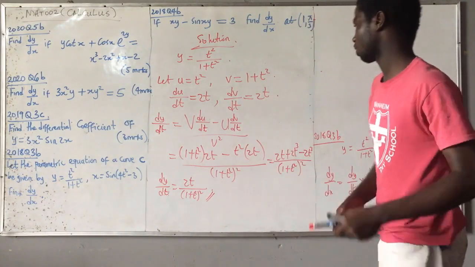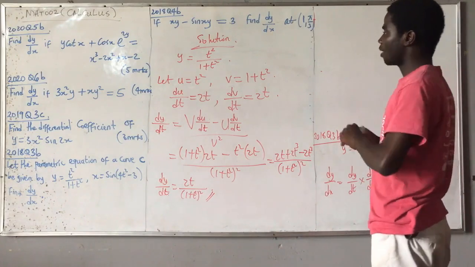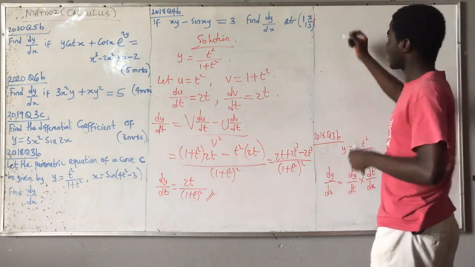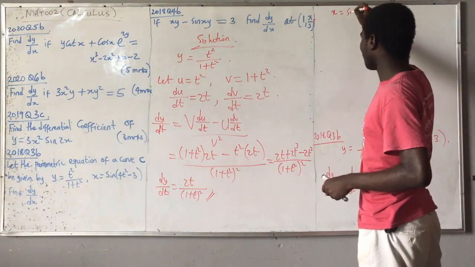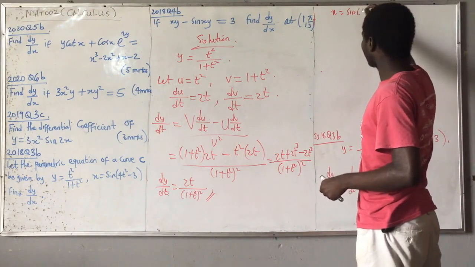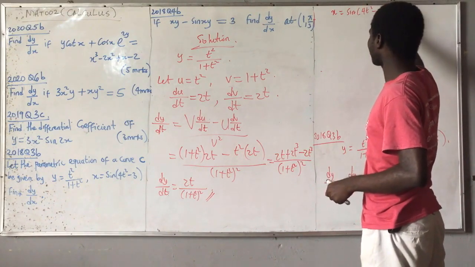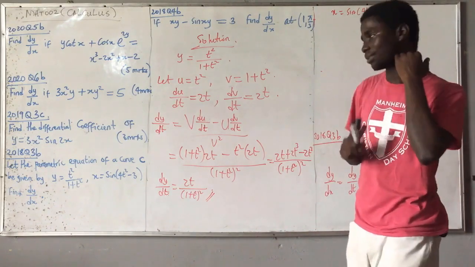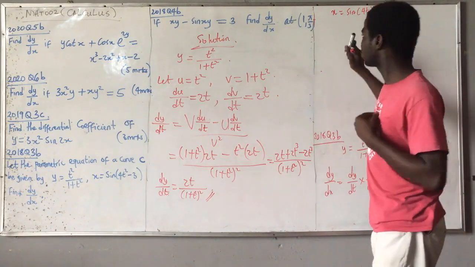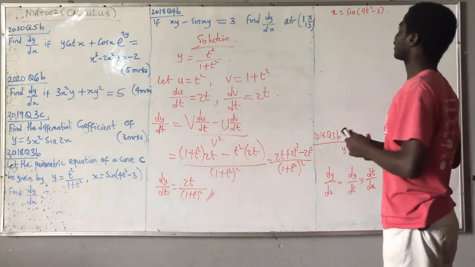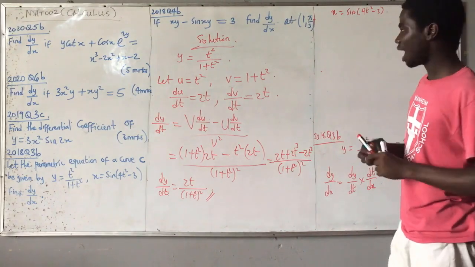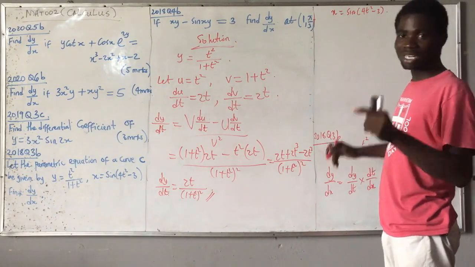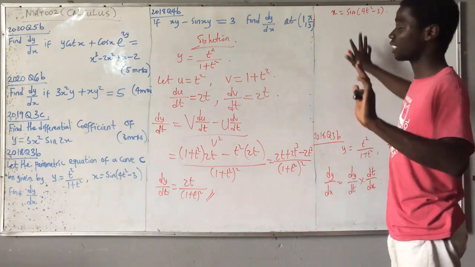So now, what is s? s is equal to sine of 4t squared minus 3. How will this one help you differentiate? Now, don't forget, I was saying something the other time. Let me show you a shortcut.